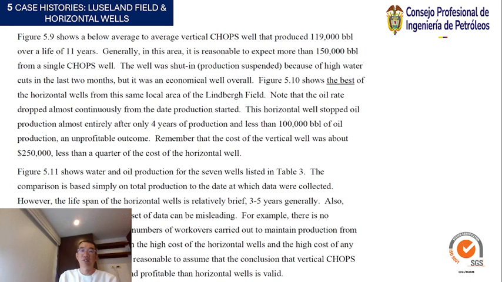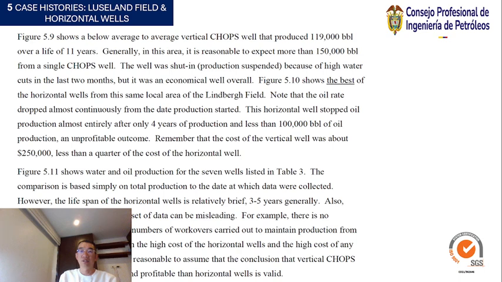The well was shut in, production suspended because of high water cuts in the last 2 months, but it was an economical well overall. Figure 5.10 shows the best of the horizontal wells from this same local area of the Lindbergh field.